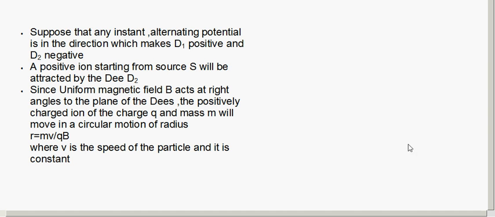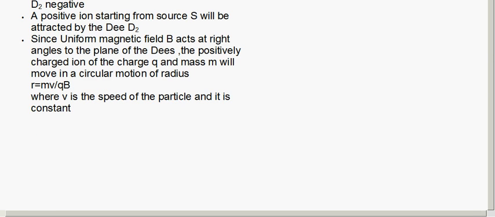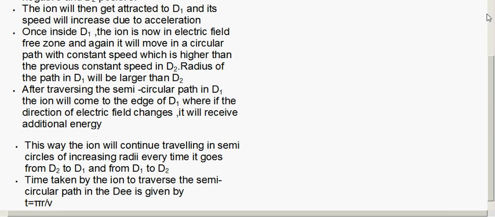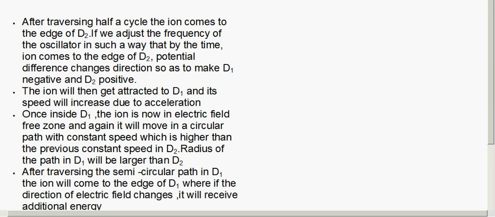Now in the next step, after traversing half a cycle, the ion comes to the edge of D2. If we adjust the frequency of the oscillator in such a way that by the time the ion comes to the edge of D2, the potential difference changes direction so as to make D1 negative and D2 positive.